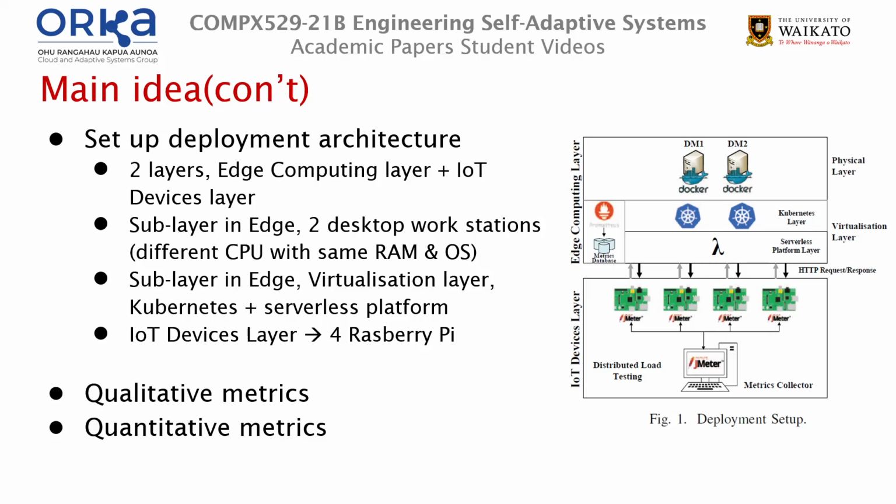There were two desktop machines, DM, with different CPUs but equipped with the same RAM and OS. Apart from the physical layer, the virtualization layer installs Kubernetes as the container manager to manage the containers, in which DM1 works as a master node and DM2 works as a worker node.